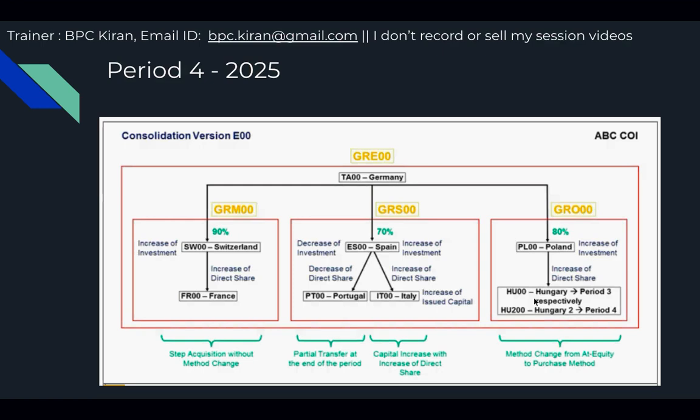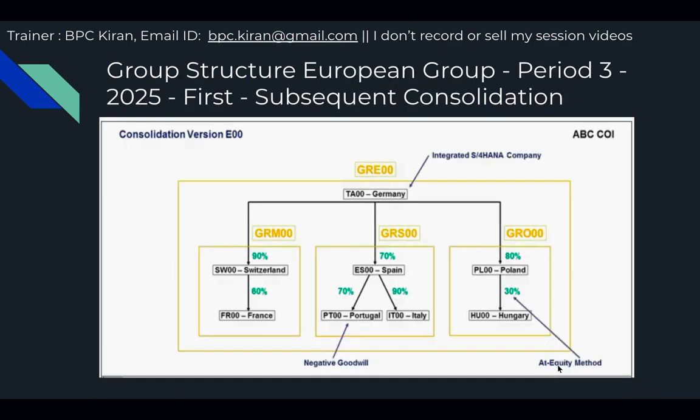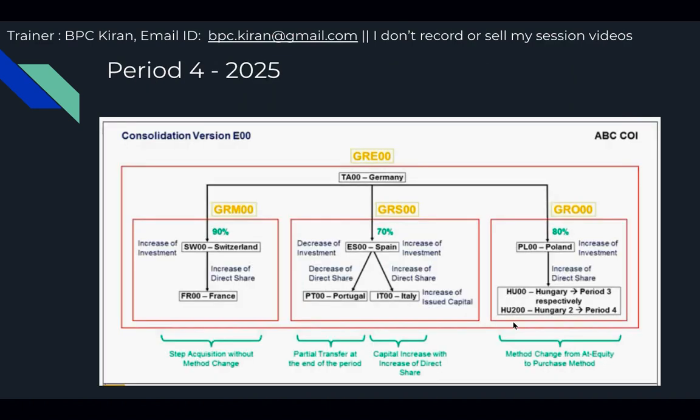These are all period 4 activities. We are going to perform step acquisition, partial transfer, capital increase, and one more, which is accounting method change. In period 3, the investment of Poland in Hungary is 30%.